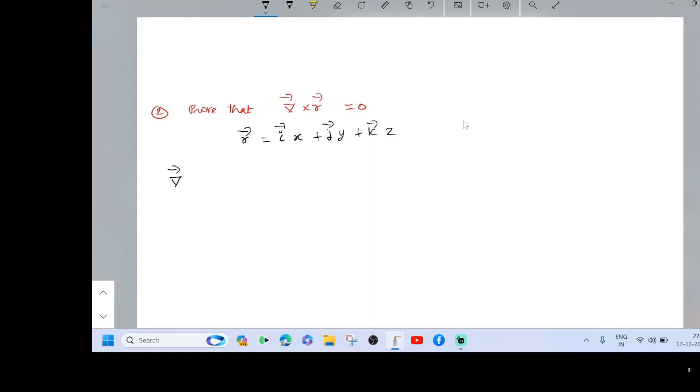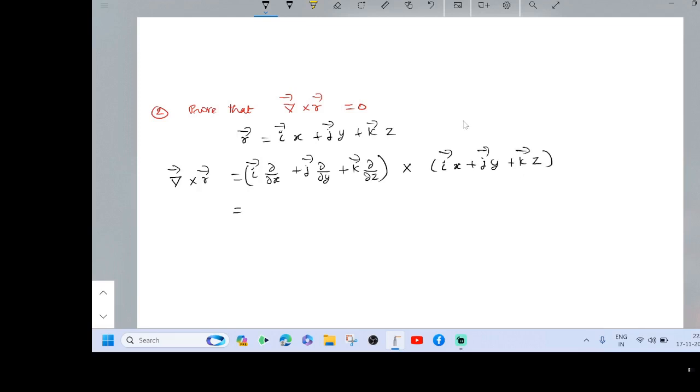Then del cross r equals i ∂/∂x plus j ∂/∂y plus k ∂/∂z cross i x plus j y plus k z.